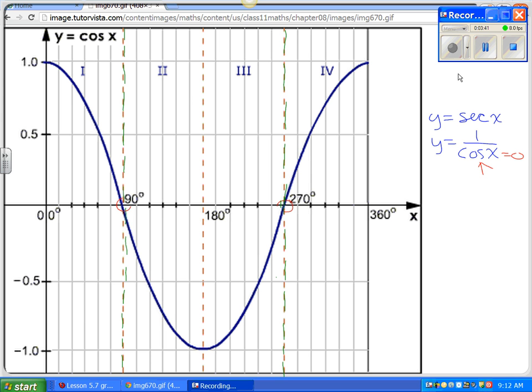So can secant exist there? No, absolutely not. Okay, so what we're going to do next is remember, or maybe look at the table in our notebook that we created, and you're going to tell me what secant at 0 is equal to. Pull it out. What is secant at 0?